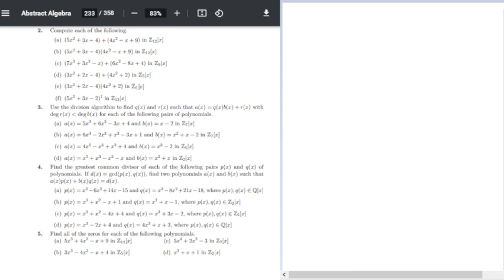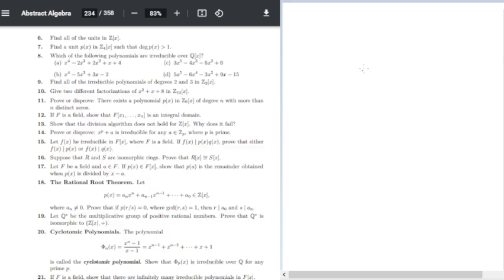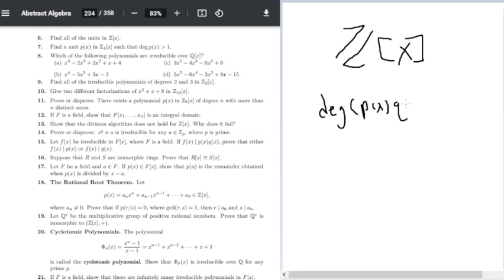Find all the units of Z[x]. Alright, so suppose we have polynomials p of x and q of x in Z[x]. Because Z[x] is an integral domain, we know that the degree of p of x q of x is equal to the degree of p of x plus the degree of q of x.